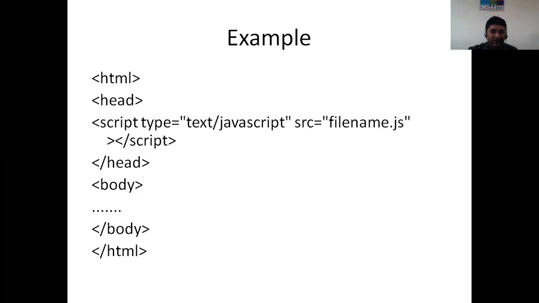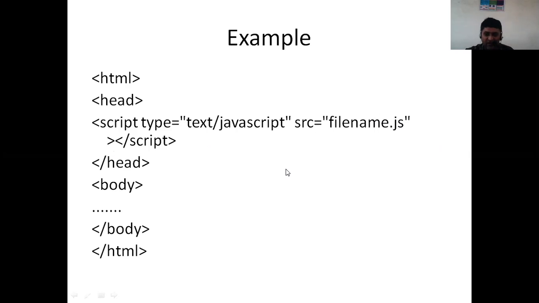Example, HTML head script type text slash JavaScript. Here the source file name, that is a JS, means that we call that external file and specify it within the source and close the script.